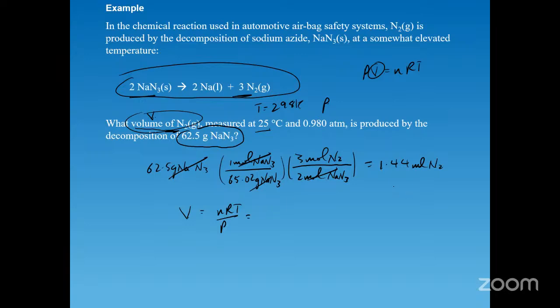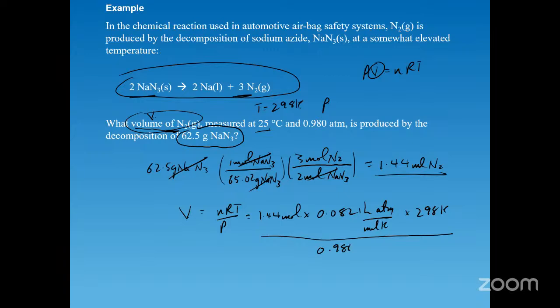Now n is what we just calculated, which is the number of moles, 1.44 moles, times R, which is always 0.0821 liters atmospheres over mole Kelvin, times the temperature, which is 298 Kelvin, and then we would divide all of this by the pressure, which is 0.980 atmospheres.